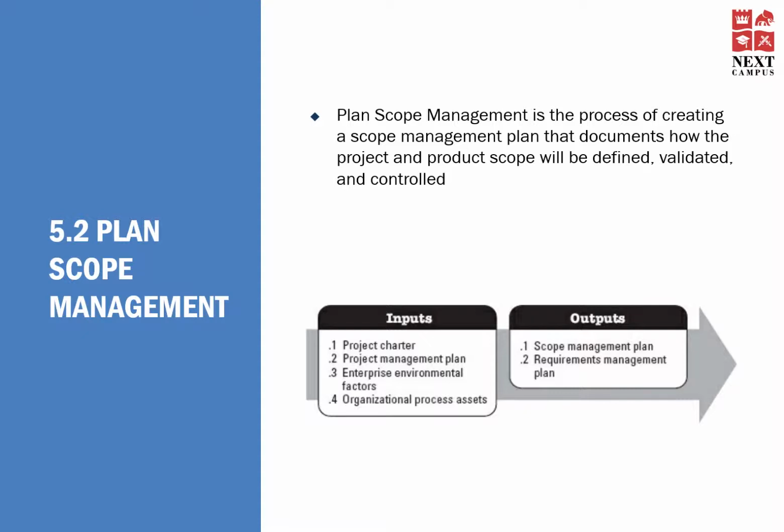The inputs for this particular process are project charter, project management plan, enterprise environmental factors, and organizational process assets. The outputs of this particular process are scope management plan and requirements management plan.